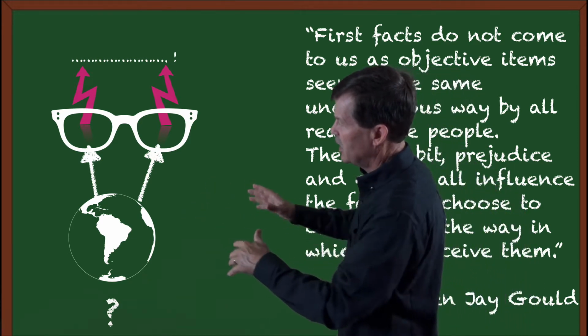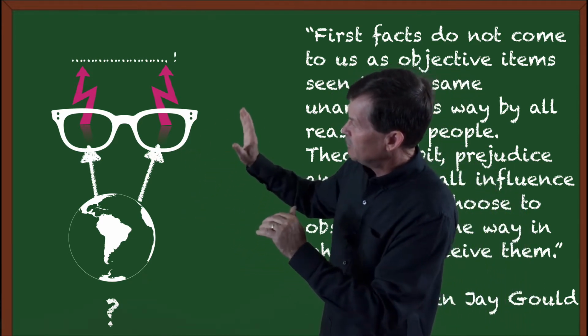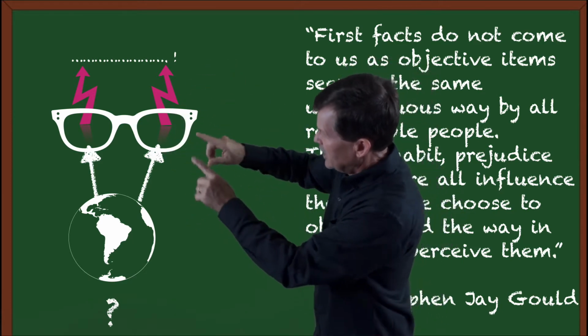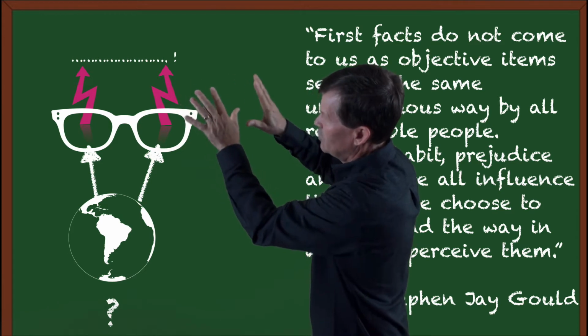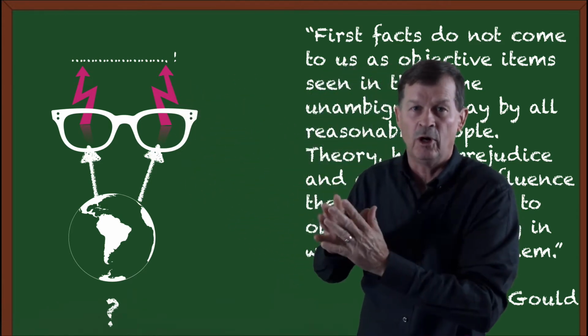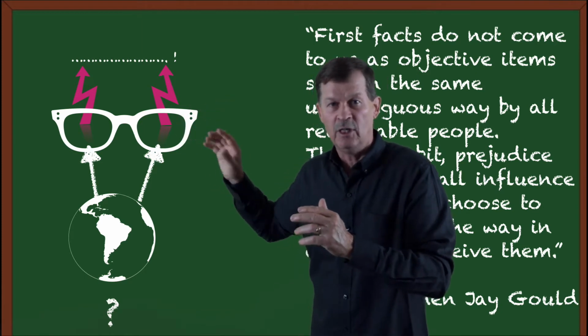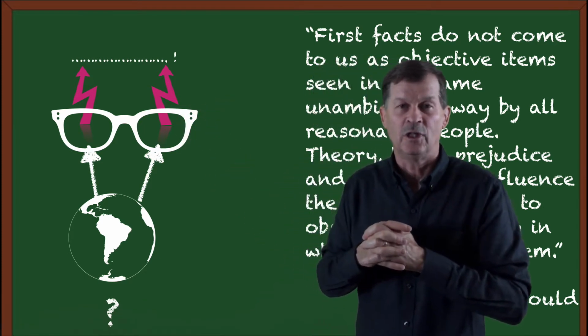We have questions about the world we live in. We invite an expert, and that expert studies and gives us the results, but those results are a product of the lenses that expert is using.